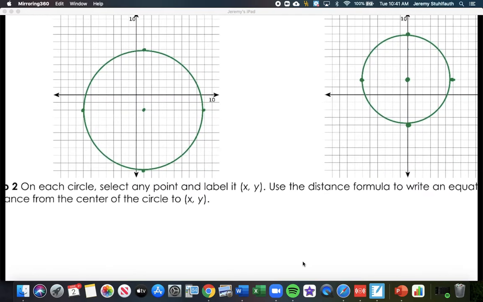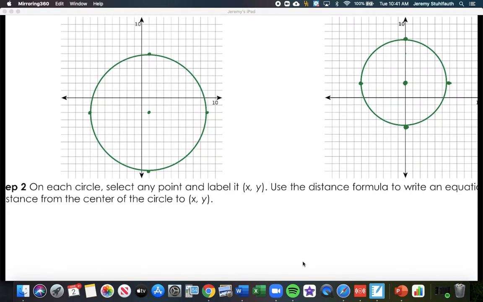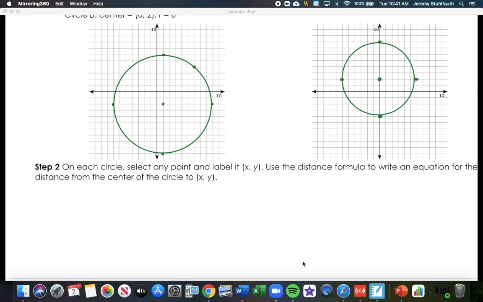So if we find any point on circle A, we don't know what this point is, so it's (x, y).